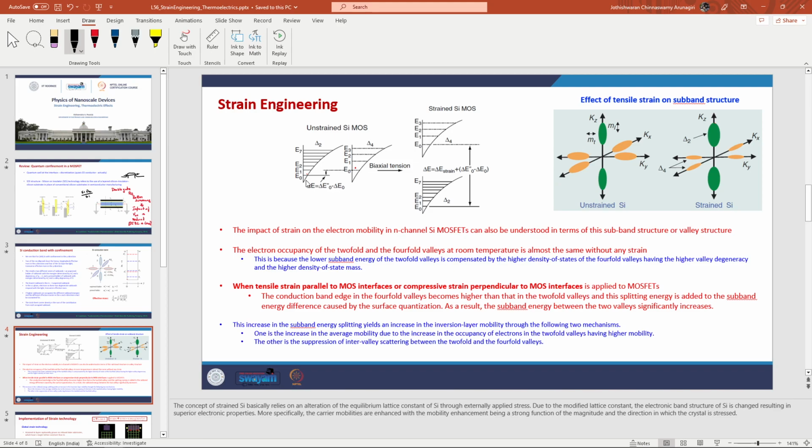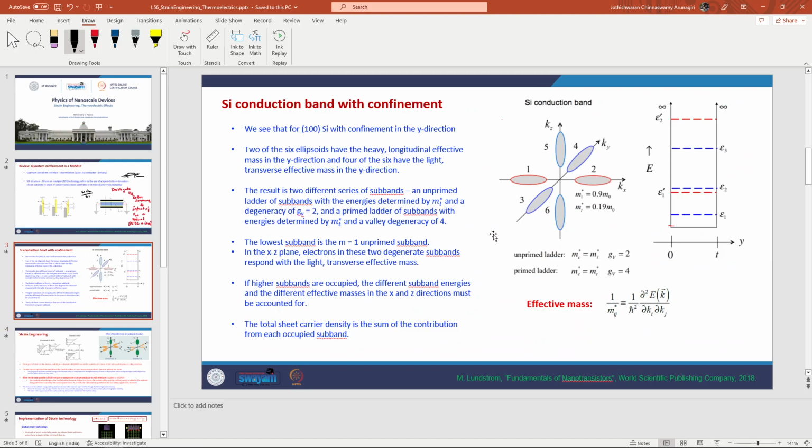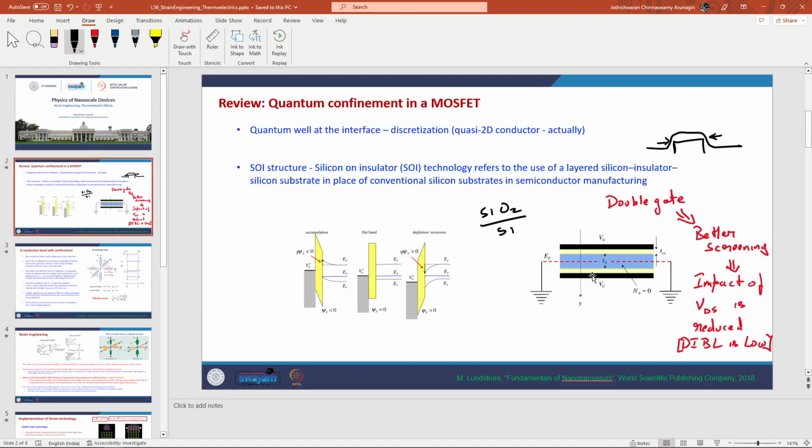In one case, the electrons are confined by an externally applied electric field. This is the case when we have the formation of inversion layers and so on in MOSFETs. Otherwise, we can have proper geometric confinement, as is the case with double gate MOSFETs, where the layer of silicon is extremely thin.